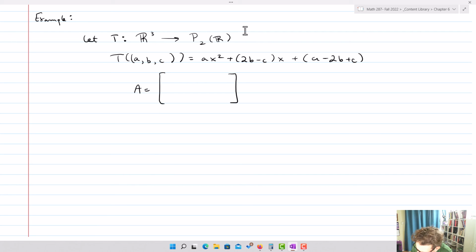Now, my first input is going to be the A's. And what you want to remember is that when we take a polynomial into Rn, or Rn into a polynomial, our top term is the constant, and then we're going to have the x term, then x squared, then x cubed, so on and so forth, all the way down to xn.